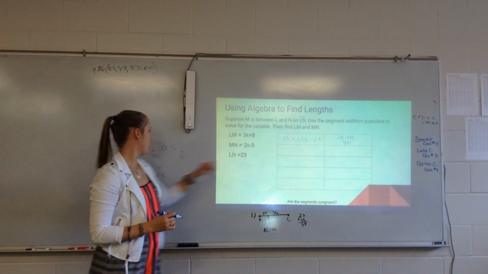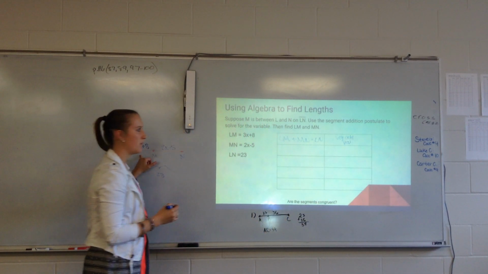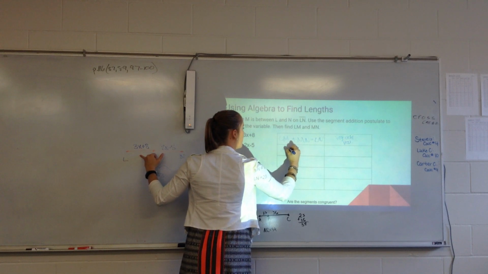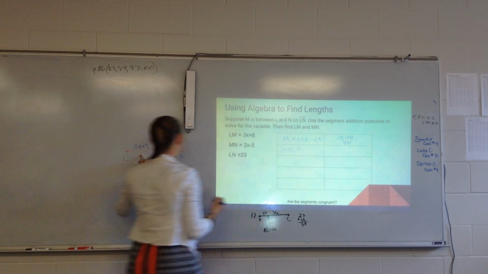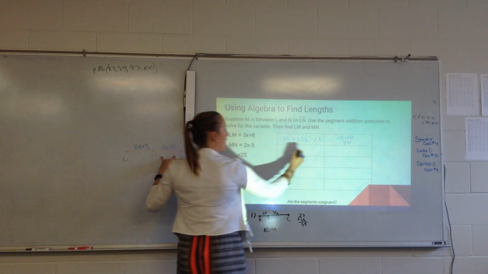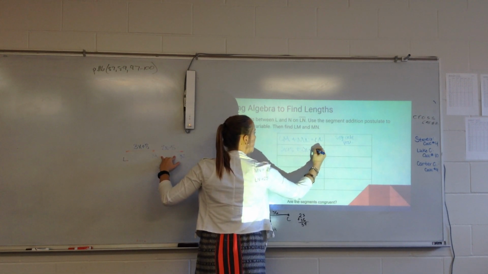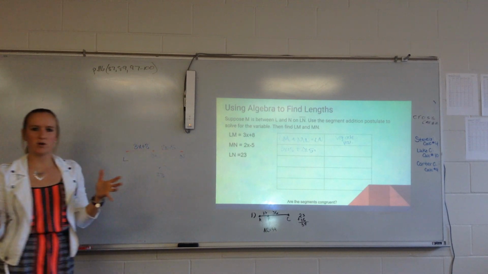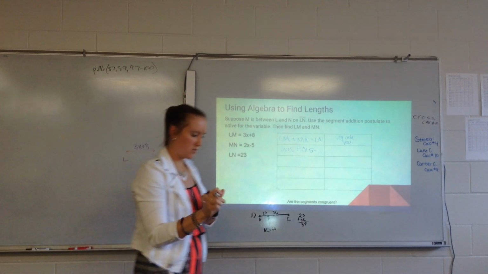So now, do we know LM? What was LM? 3x plus 8. What was MN? 2x minus 5. And do we know LN? Do we know what that equals? 23.